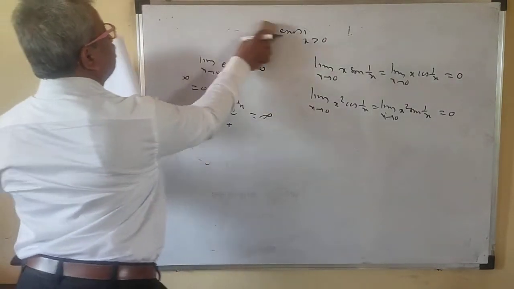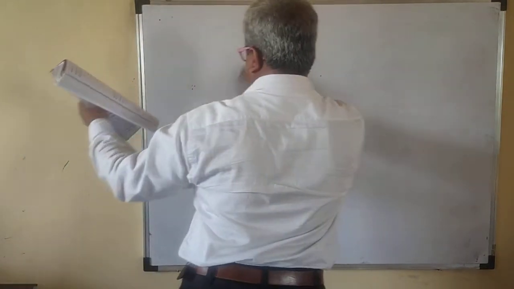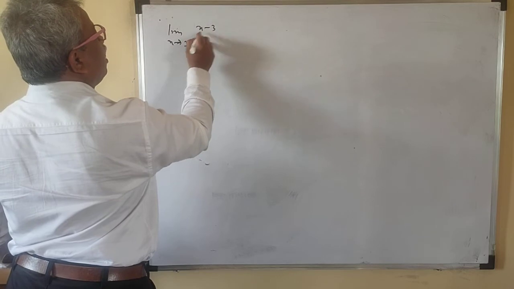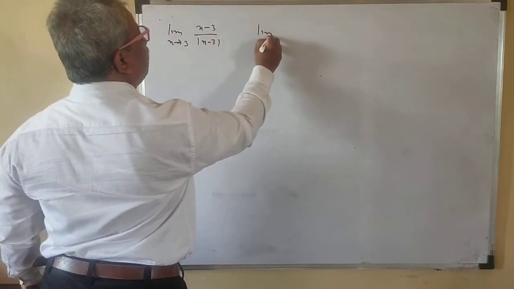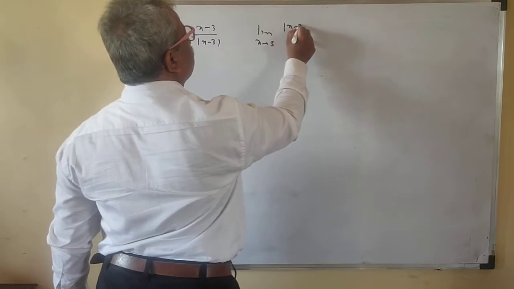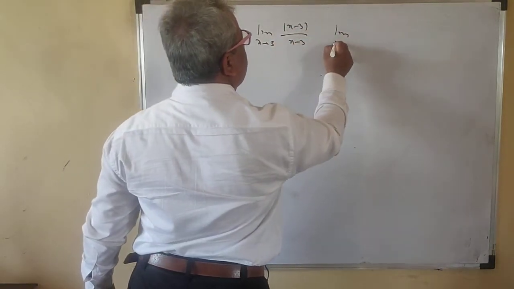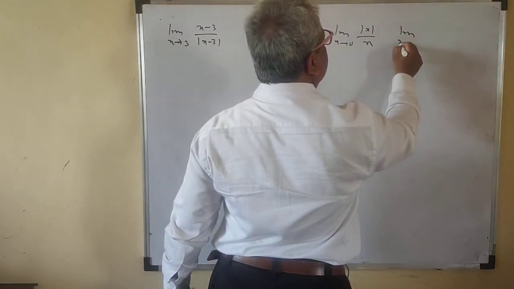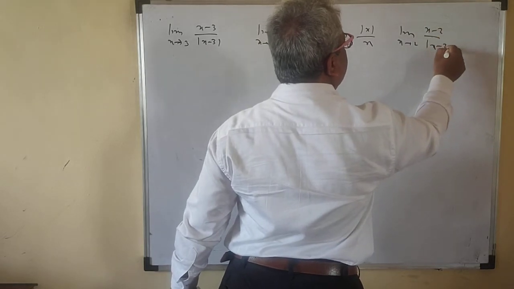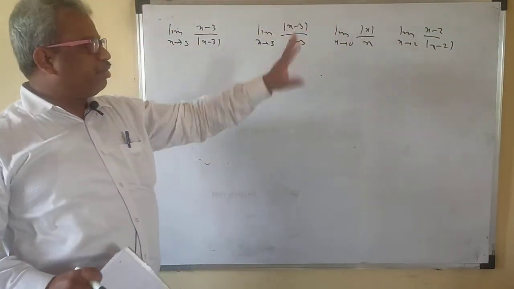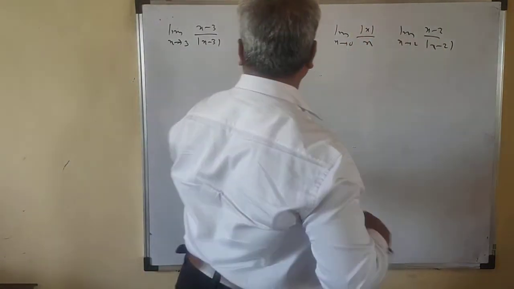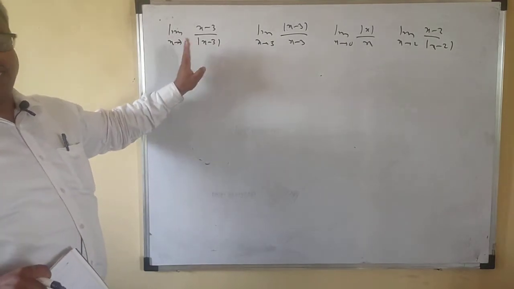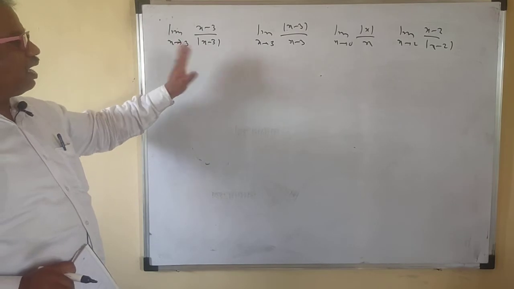Just as I told you, limit x tends to 3, (x − 3) upon mod of (x − 3), or limit x tends to 3, mod of (x − 3) upon (x − 3), or limit x tends to 0, x upon mod x, or mod x upon x, or limit x tends to 2, (x − 2) upon mod of (x − 2), whatever the mod may be, at the denominator or numerator, this is 0 by 0 form. All these limits do not exist, because the left hand limit is minus 1 and the right hand limit is 1.